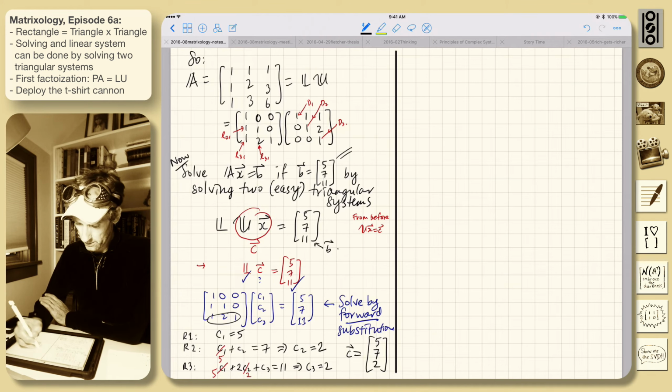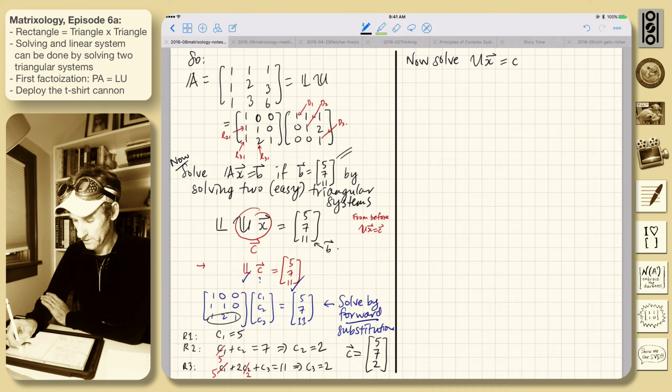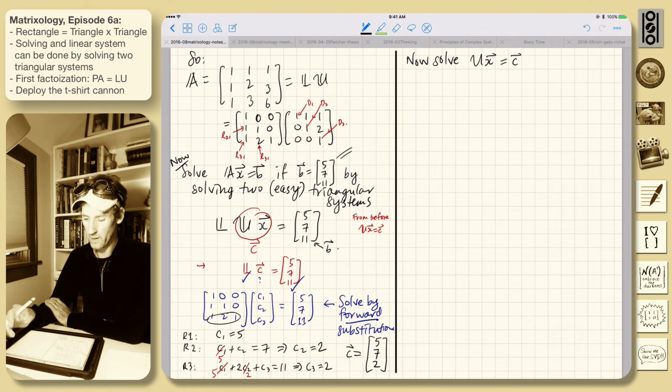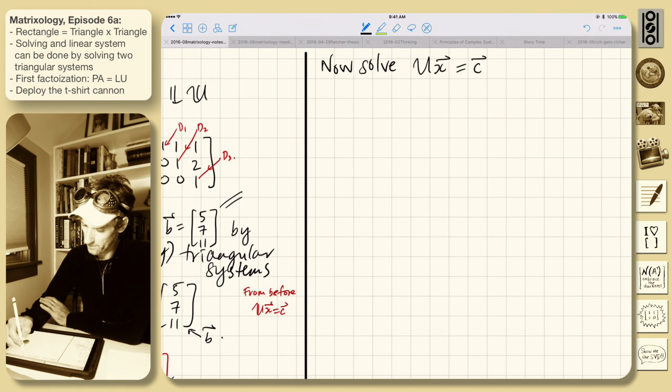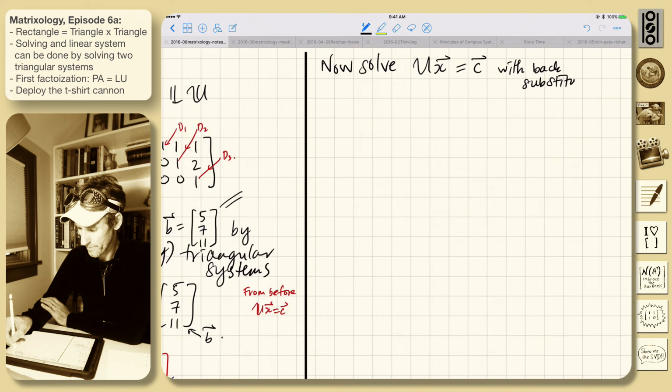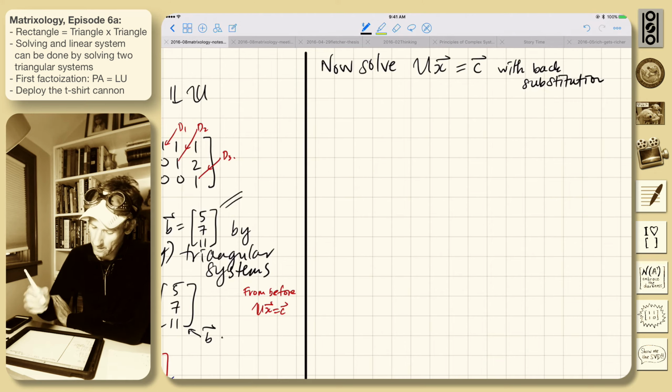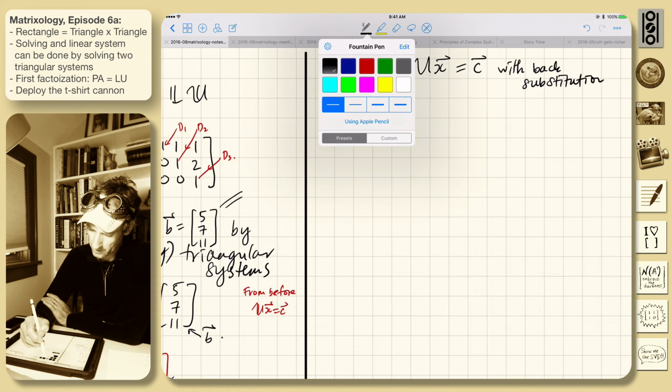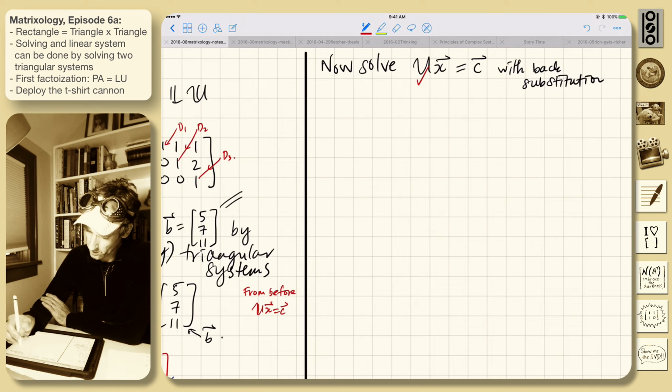Right, now solve Ux equals c. And so now we're back to where we've been many times, and this is with back substitution. Good. And because of the step that we've just taken, we know U and we know c when we're trying to find x.